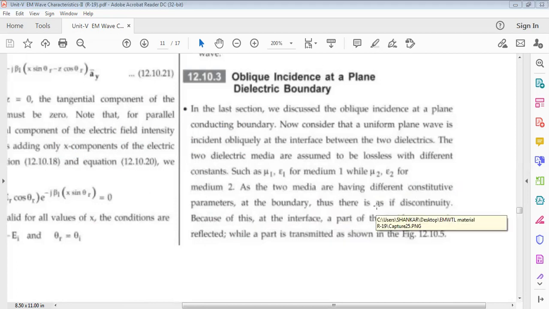Because of this interface, a part of the incident wave is reflected and a part is transmitted. It is not fully reflected, because the right hand side, medium 2, is a dielectric. So there is a part reflection and a part transmission.